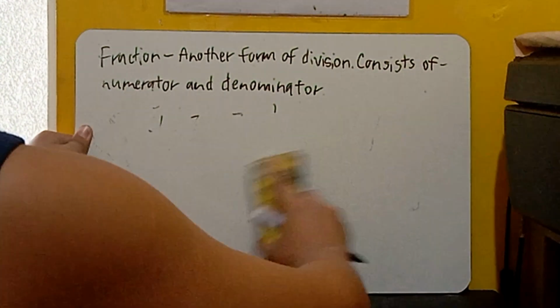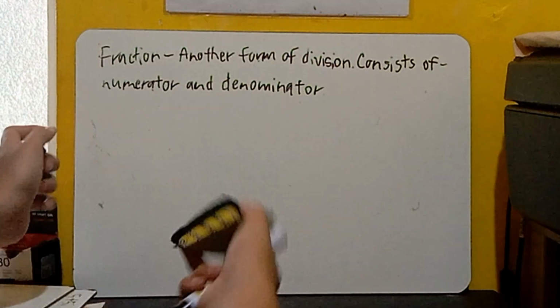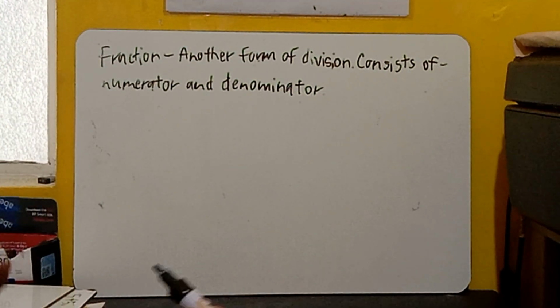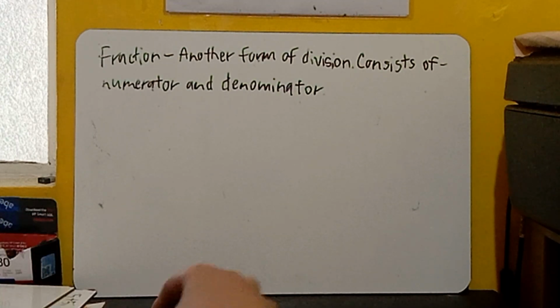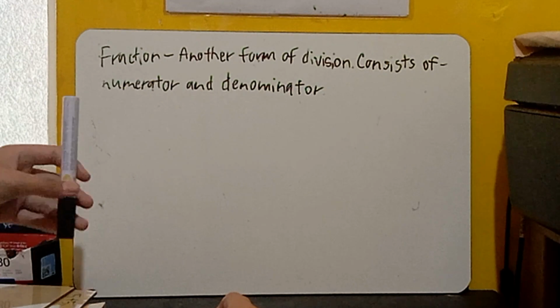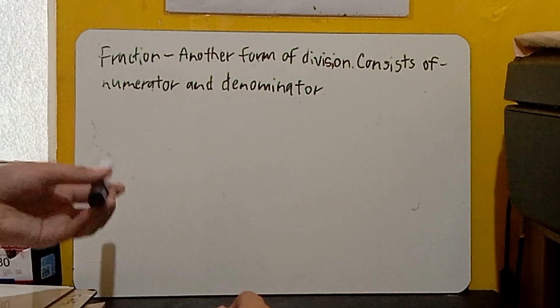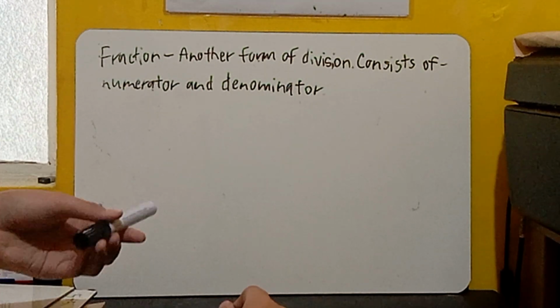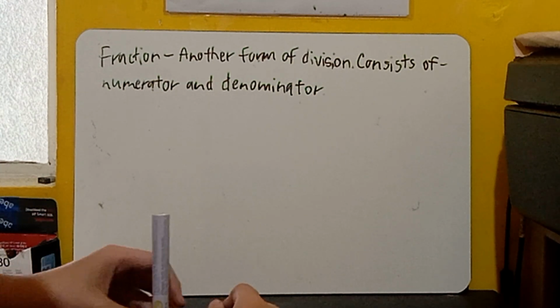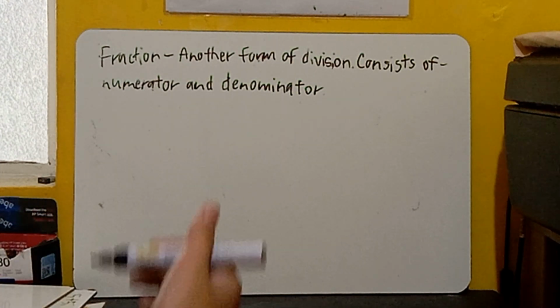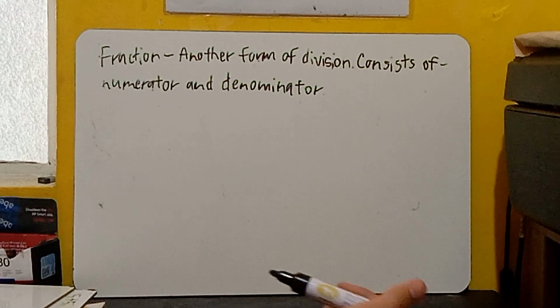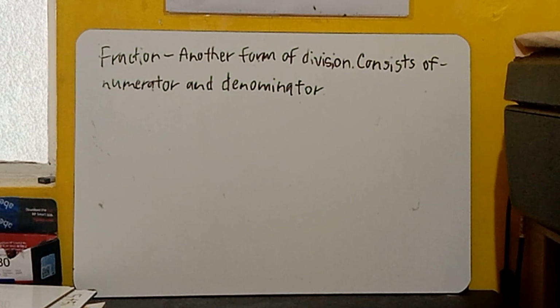See, it's that easy. Fractions are easier than you think, and it actually makes you calculate faster than calculating the decimal arithmetic problems. And yeah, that's how you do fractions.